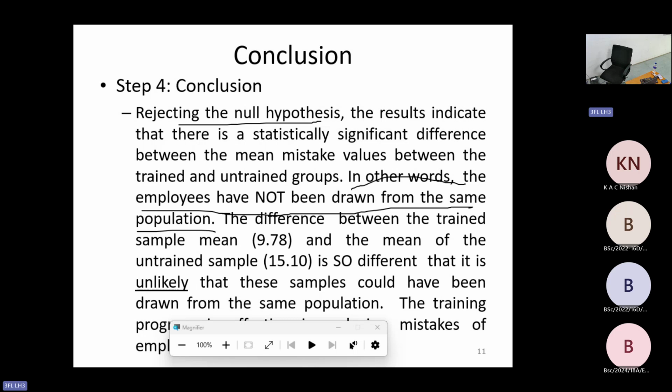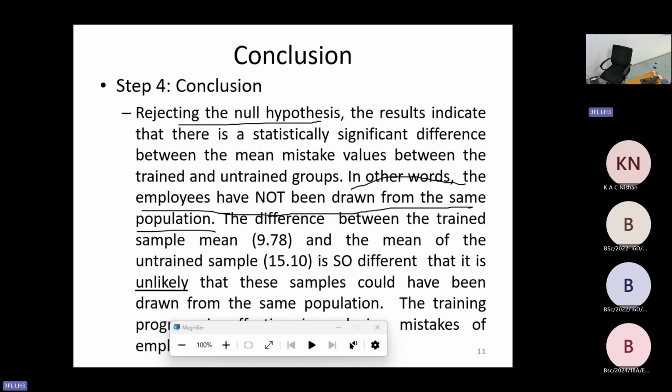Because the calculated p value is 0.0135. Under decision criteria, we reject. So the 0.0135 is less than 0.05, so we reject the null hypothesis.